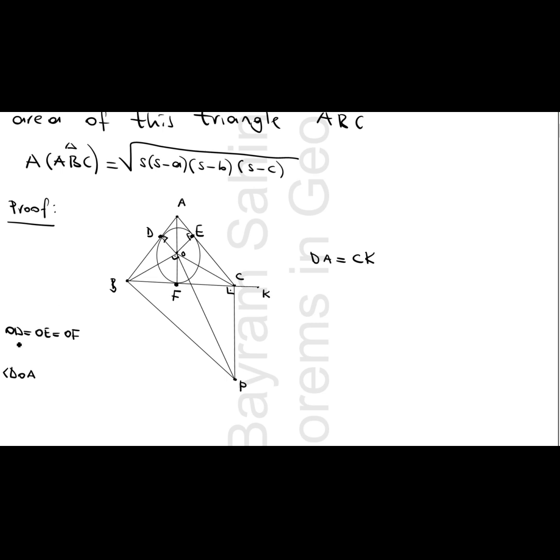Also we know DA is equal to AE. So these are right triangles, and AO is a common side.